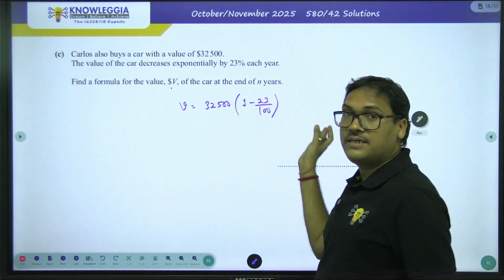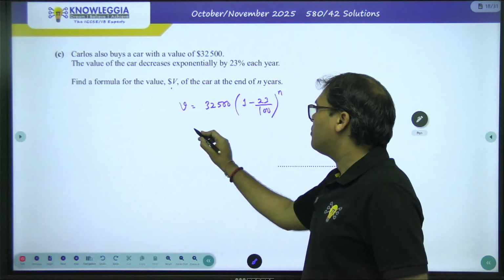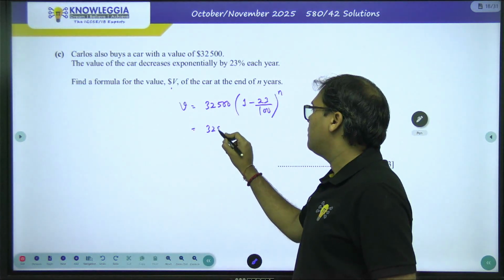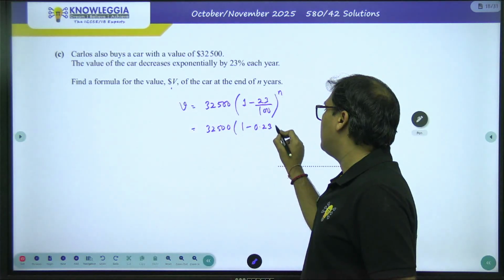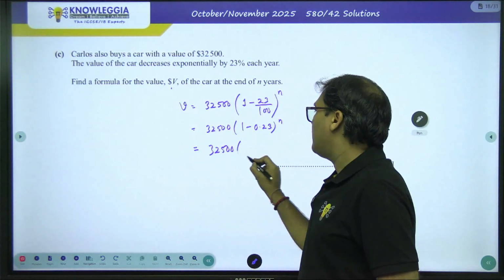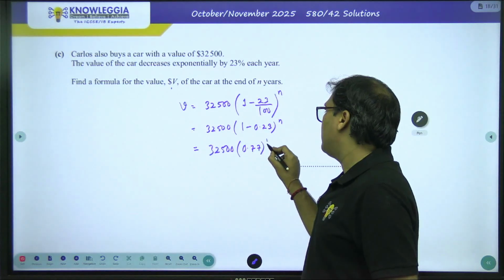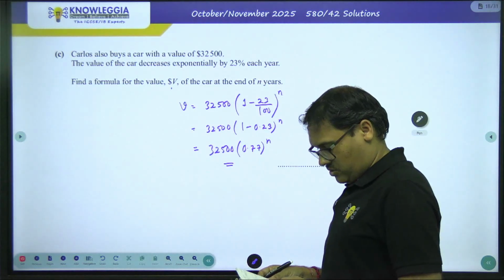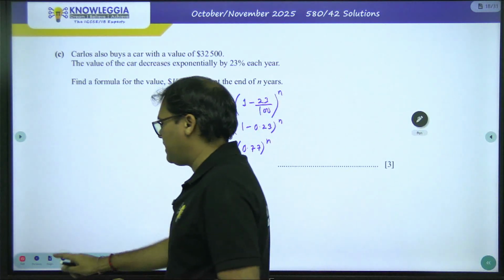So this will be 1 minus 23 by 100 for n years. So this is 32,500 times 1 minus 0.23 raised to n, or you can say 32,500 times 0.77 raised to n. That is the answer. You can just check this.